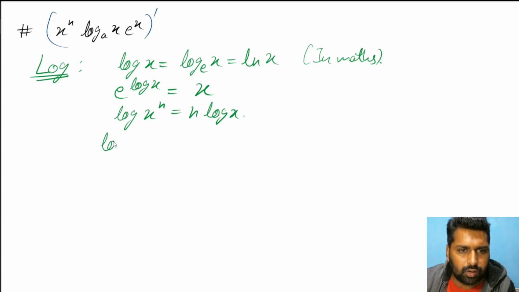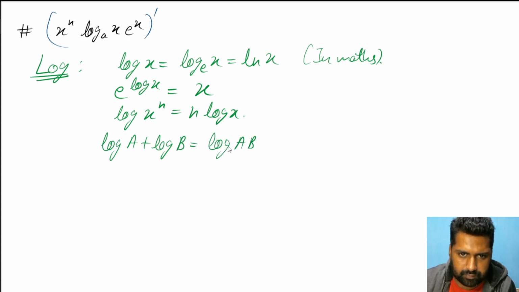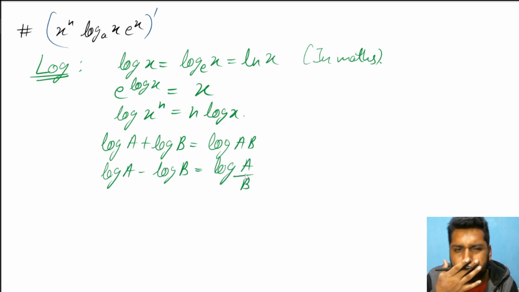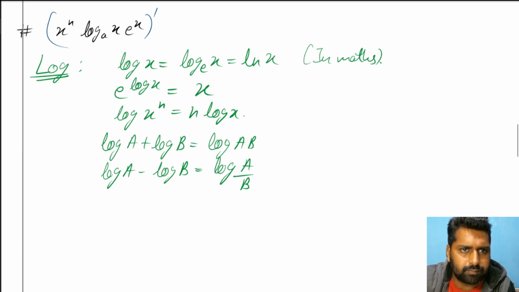Then log a plus log b is log ab. Log a minus log b is log a by b. Addition, subtraction, power I've given you, cancellation also I've given you. Okay, that's it. Majorly these are some standard properties regarding log.